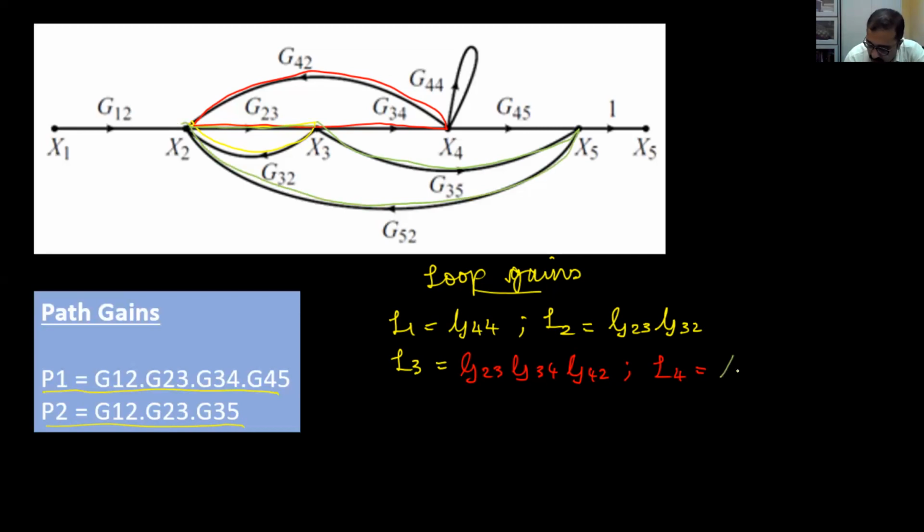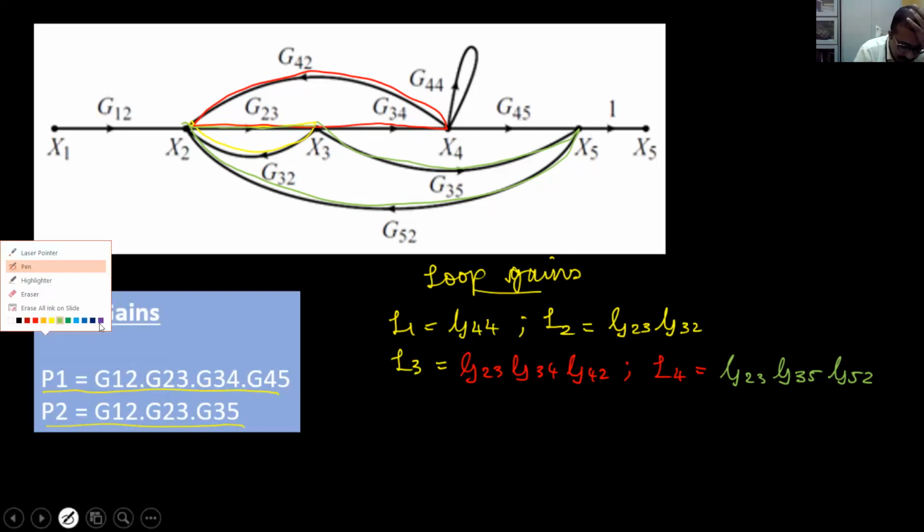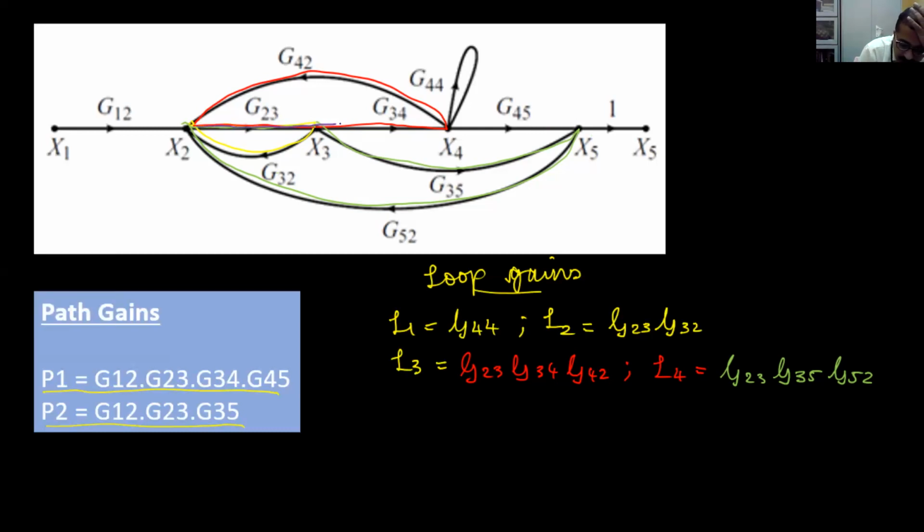So I can write G23, G35 and G52. Any other loop? Yes, 2, 3, 3, 4, 4, 5, 5, 2.